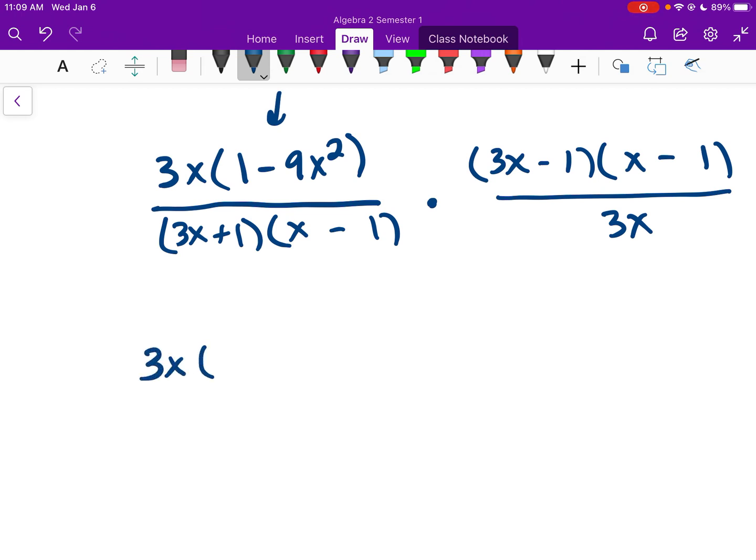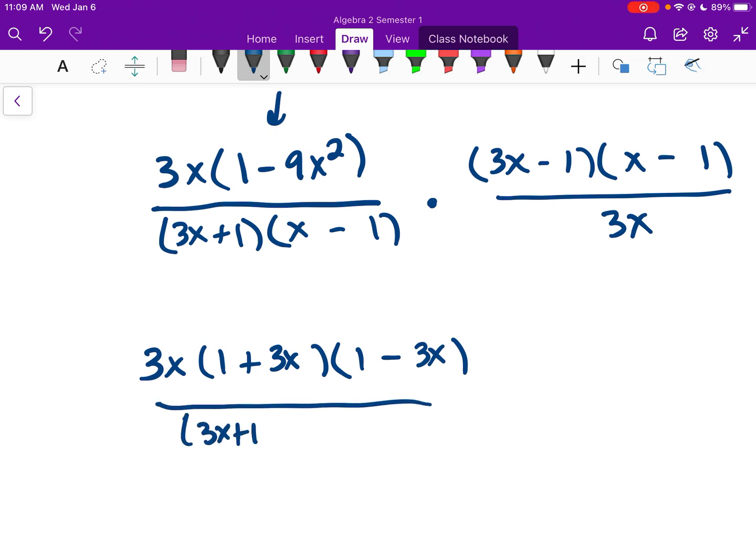So we're going to have 3x. To get 1, you do 1 squared. So 1, 1. Again, signs are opposite. To get 9x squared, what we need to square is 3x. So we've got 1 plus 3x and 1 minus 3x. And then we're just going to rewrite our other factored forms.